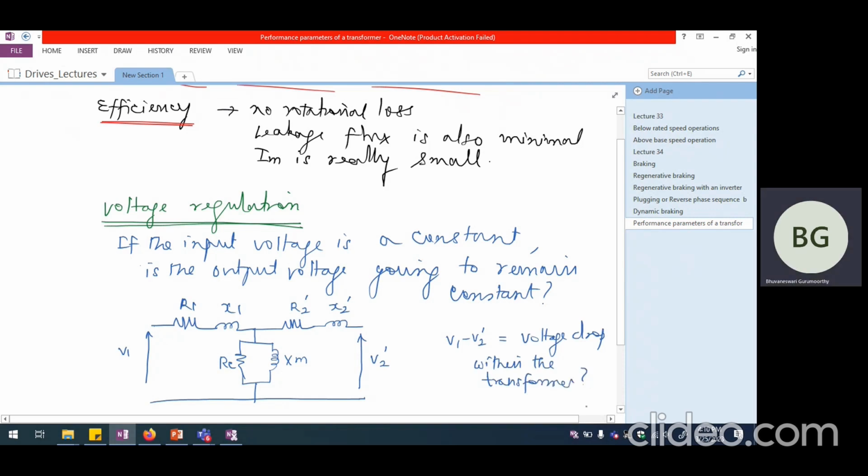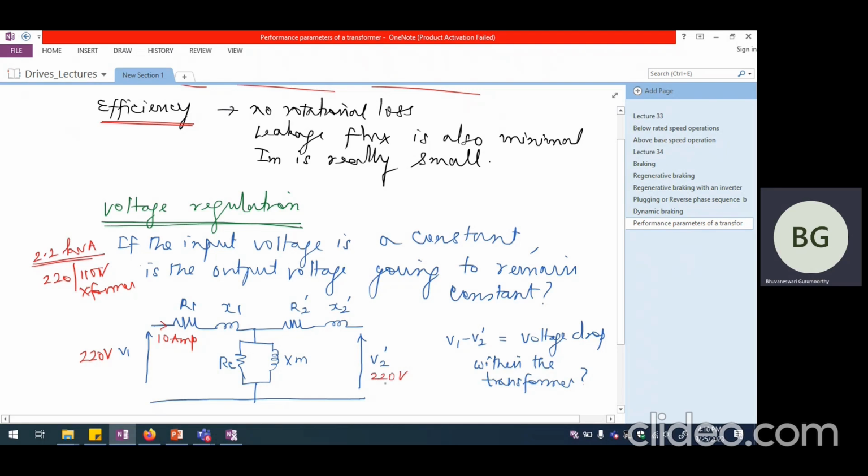Is this drop very small, or is it going to be quite large? Suppose I apply 220 volts as the input, and it is a 220 volts slash 110 volts transformer, and let us say it is a 2.2 kVA transformer, which in full load condition will normally have 10 ampere flowing through it. If we translate the 110 to the primary side, this should also be 220 volts.